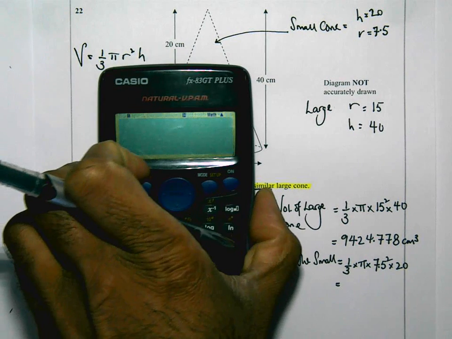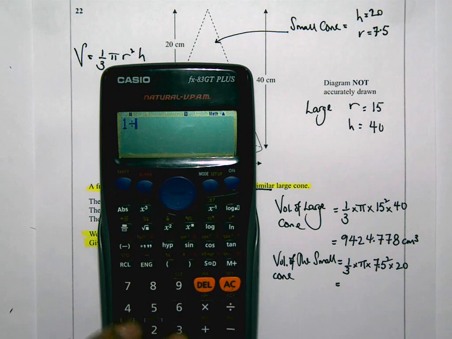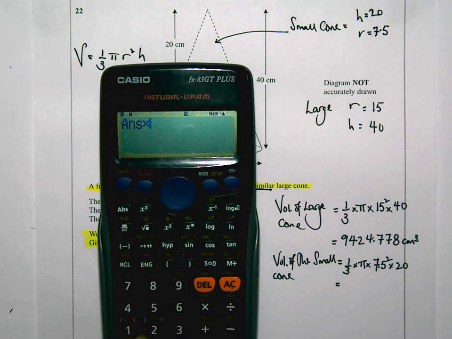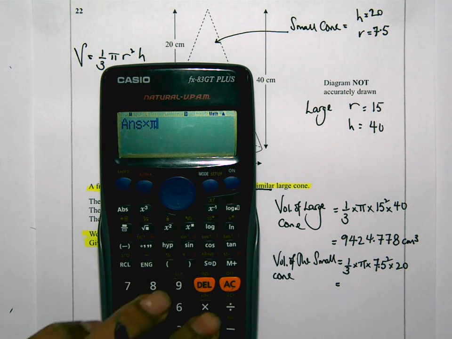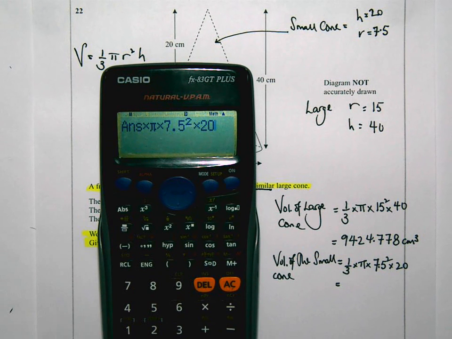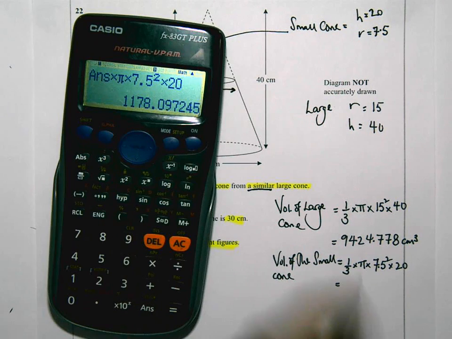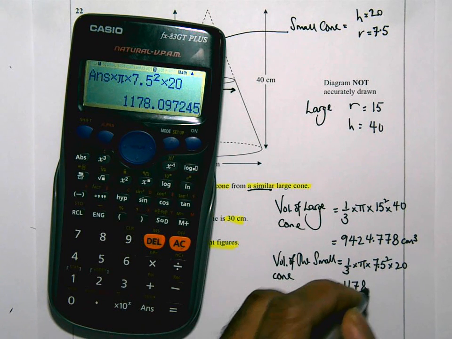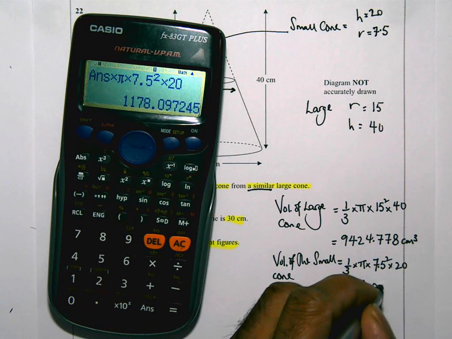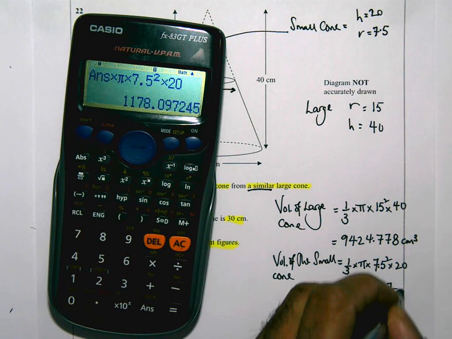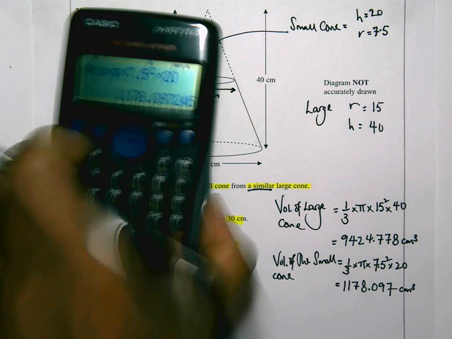So 1/3 is 1 divided by 3, times that by pi, so press shift and then the pi button down at the bottom, times 7.5 squared times 20. Press equals, and that's going to be 1,178.097 centimeters cubed.